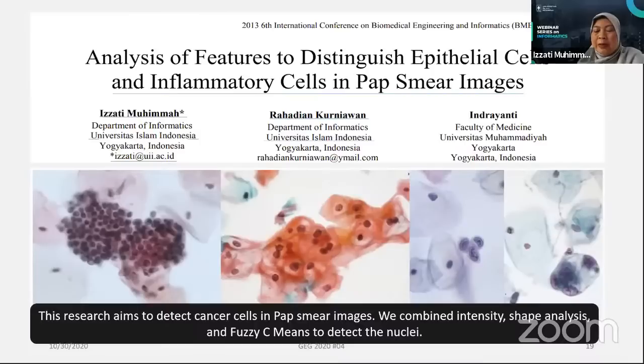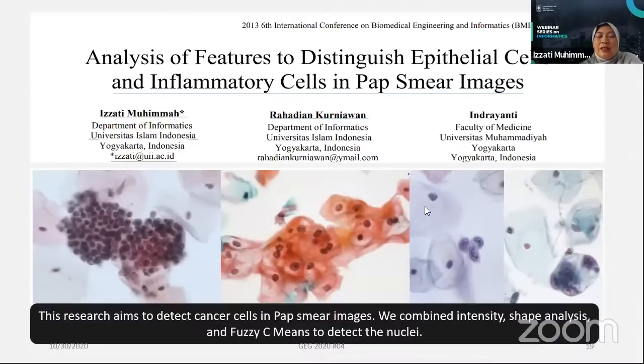So the 4 types of cells must be there. If the cells are not there, they say the glass slide cannot be reviewed. So it's not good enough to give the information to the pathologist to review the image data.